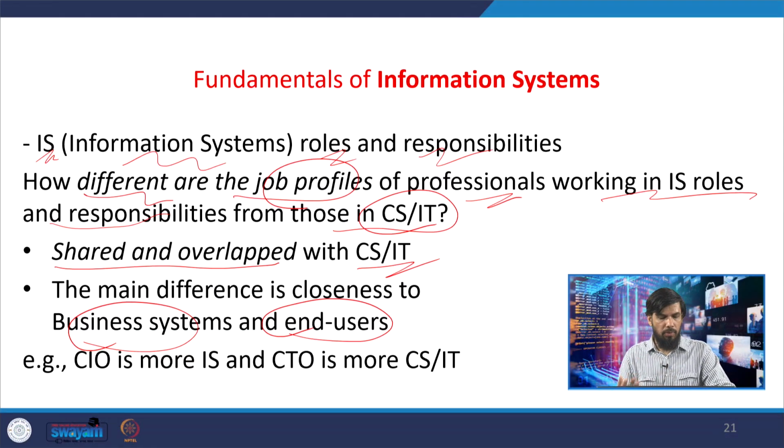So roles and responsibilities are shared and overlapped in terms of job careers and job profiles, but in IS roles you are closer to business and end users, right. Similarly, at the top level, the CIO, Chief Information Officer, is more IS and the CTO is more CSIT, right. So let us stop at this point, and that is also the end of this introductory module on fundamentals of information systems.